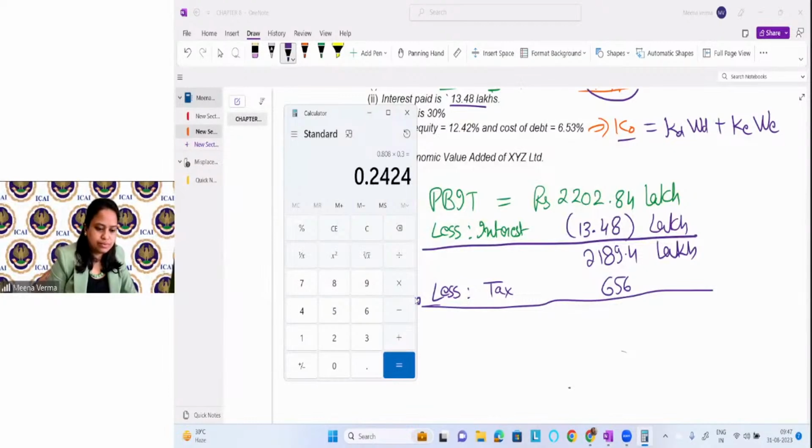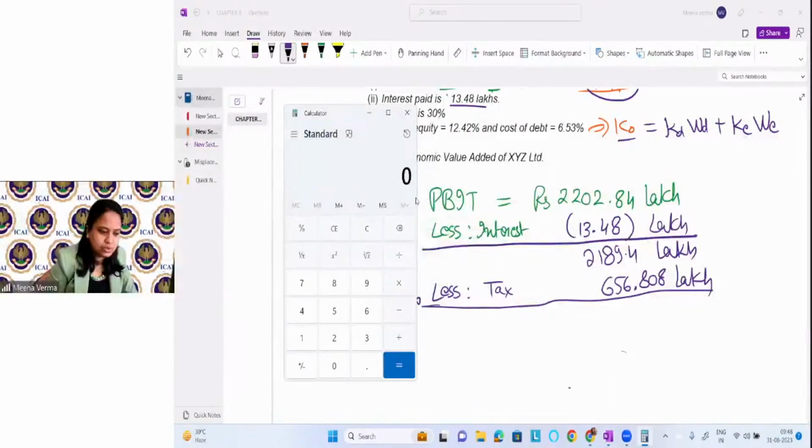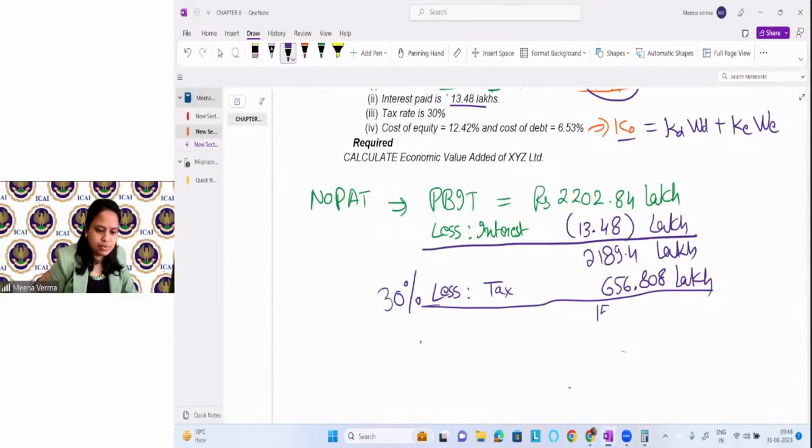Sorry. I'm so sorry. 0.808 lakh. So 2189.4. This will be profit after tax.